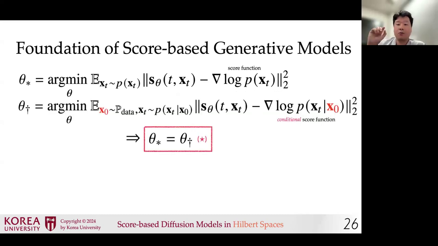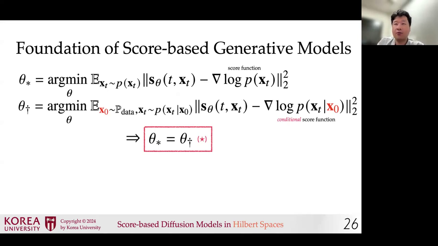Well, fortunately, we can train the score model by using the conditional score function for given data instead of the true score function. Since we are using the forward stochastic differential equation to obtain x given p, note that the conditional density can be explicitly computed if we use a specific kind of forward SDE, such as the linear form of the SDE.